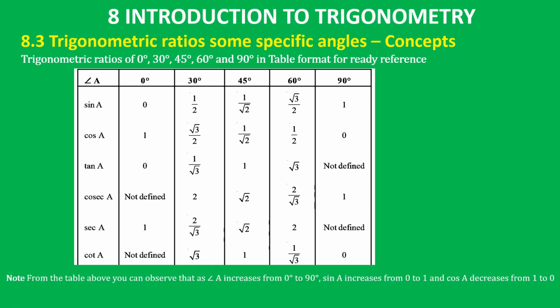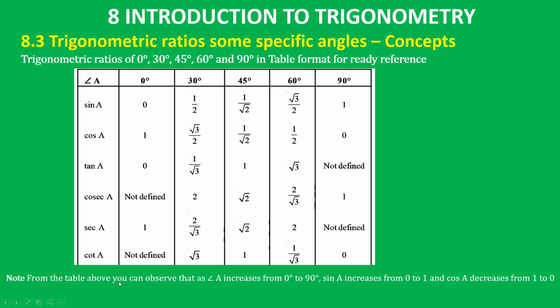Now, we just calculated the trigonometric ratios for the specific angles 0 degrees, 30 degrees, 45 degrees, 60 degrees, 90 degrees. We evaluated all the trigonometric ratios, right? In tabular form, sin 0 is equal to 0, sin 30 is 1 by 2, sin 45 degrees is 1 by root 2, sin 60 degrees is root 3 by 2, sin 90 is 1. Like this you can formulate this table.